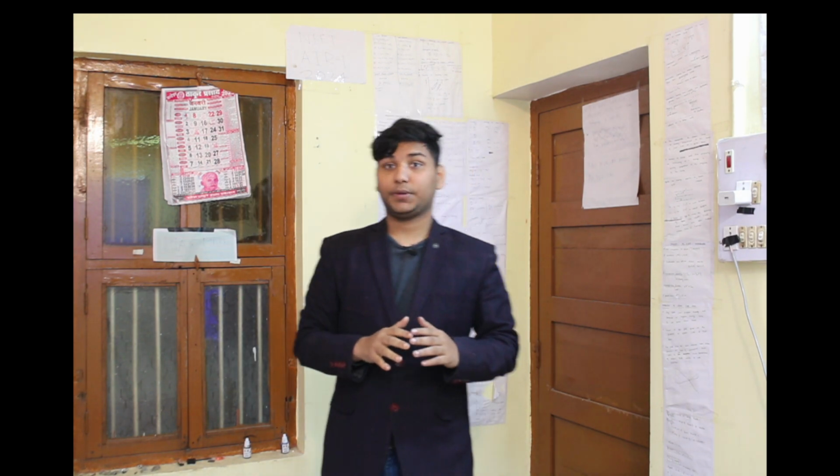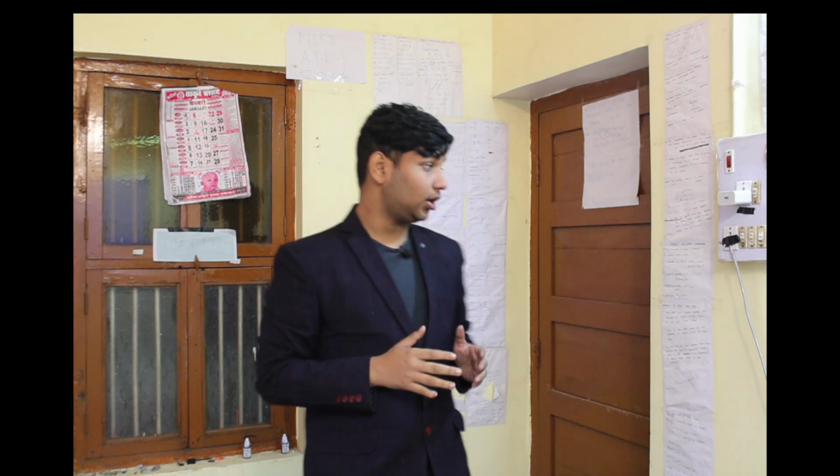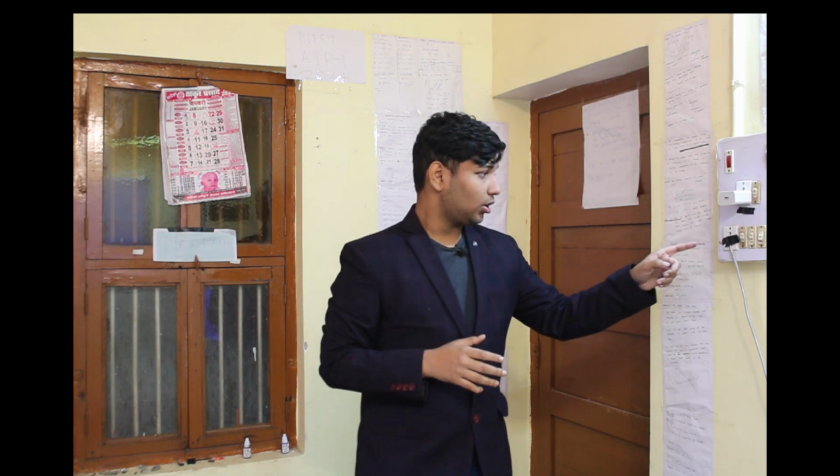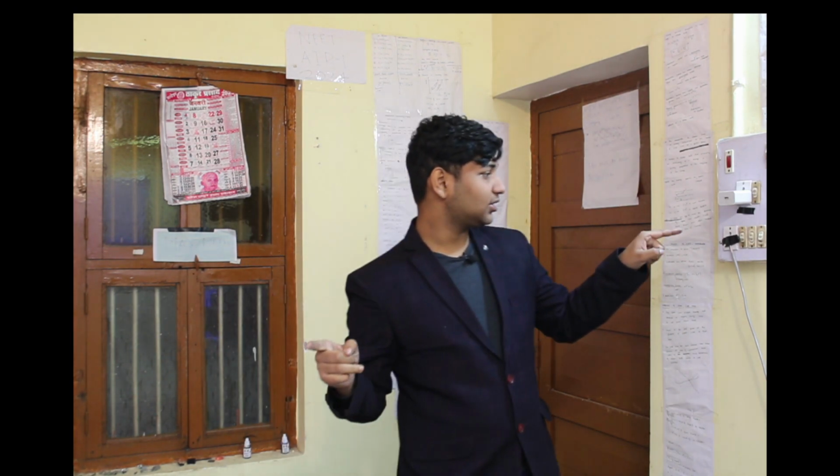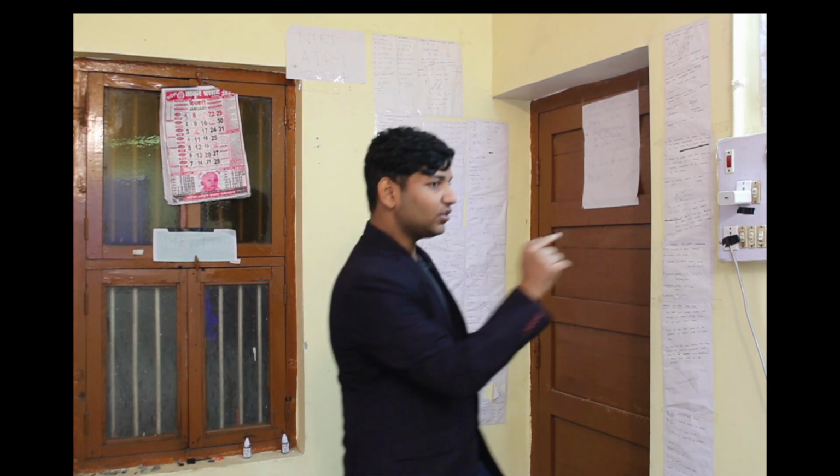For example, this bulb emits light, and by that light I can see all the objects present near me. For example, this is a switch. I am able to see this switch because of this light. By this switch I can turn it on and off, I can play with the switch.